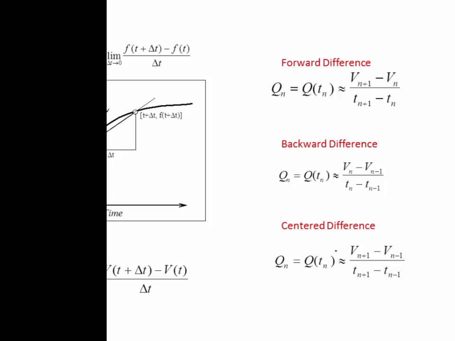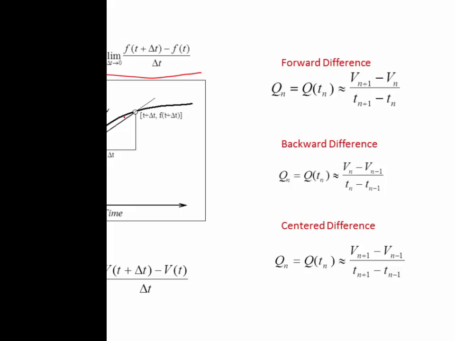So these finite difference approximations of the derivative really are a kind of special case, or they're certainly related to the definition of the derivative. And this is what you'll find as the definition of the derivative if you look it up in your calculus book.